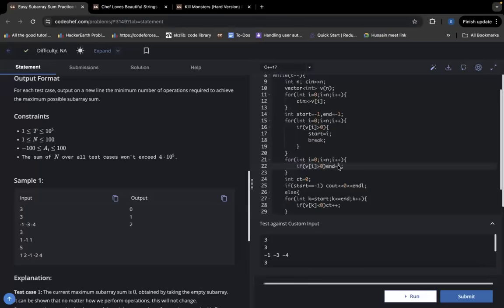What will happen is that since I'm going in order from 0 to n minus 1, the last index where v[i] is greater than 0, this end will be updated. So is this clear for everyone? How using these two for loops, I will get my start and end range. Okay? Yes or no, guys? Tell me.